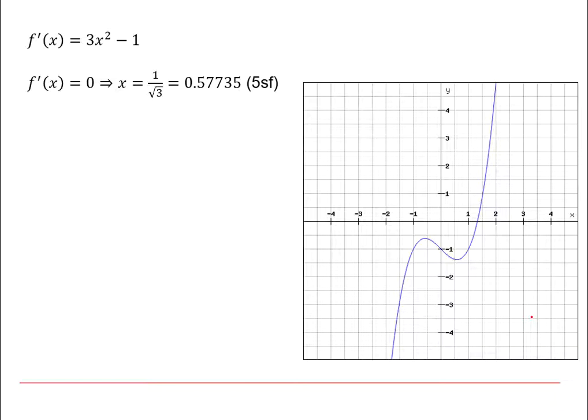Because we're dividing by the derivative in the Newton-Raphson formula, we're going to find a place where the derivative equals 0, i.e. a stationary point. We've got the derivative as 3x squared minus 1, so setting that equal to 0 means that we want x to equal 0.57735.